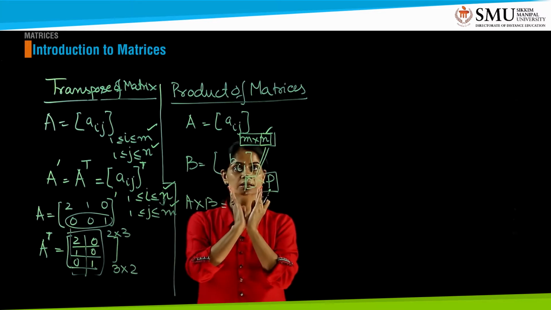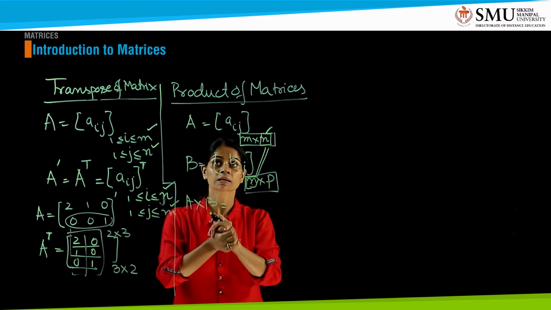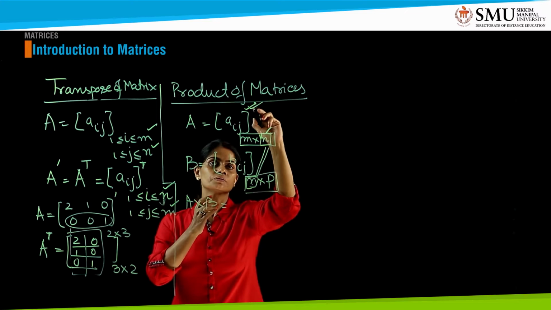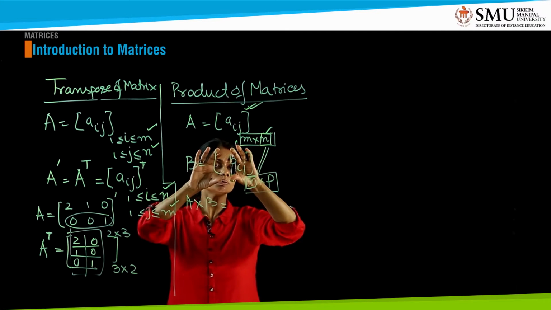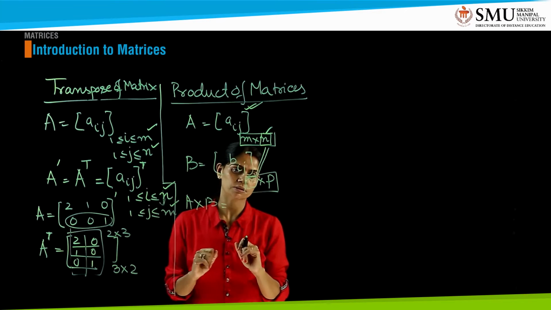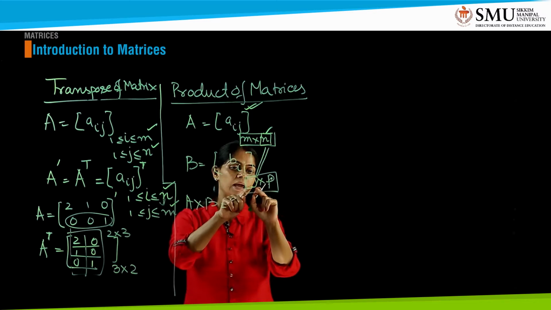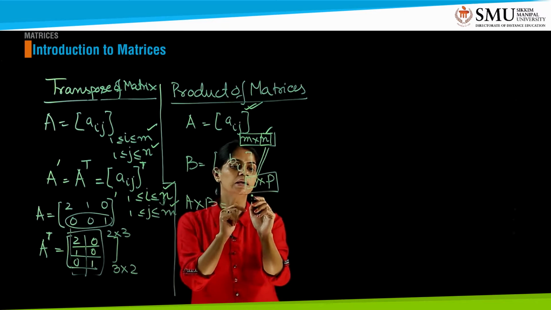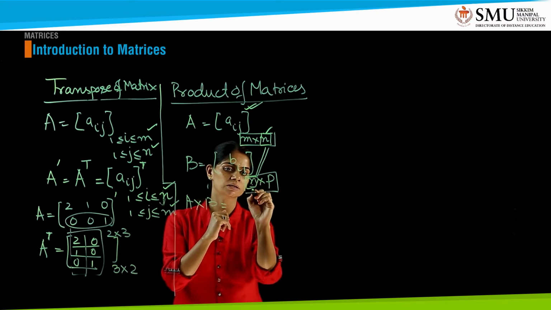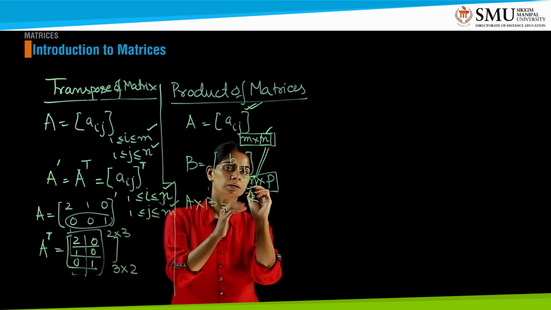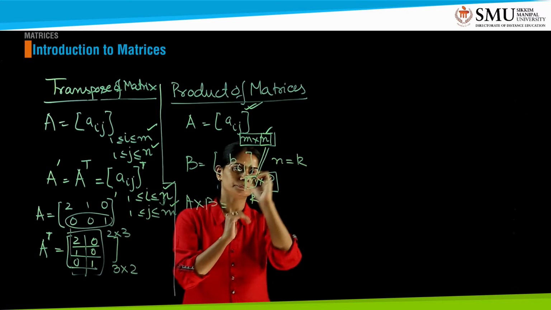So, the first and important condition for the multiplication of two matrices is that the number of columns of the first matrix should be equal to the number of rows of the second matrix. That is why here intentionally I have written m cross n and n cross p. I could have written k cross p. Then I would have given the condition that if it is a k, then the product is defined only when n is equal to k.